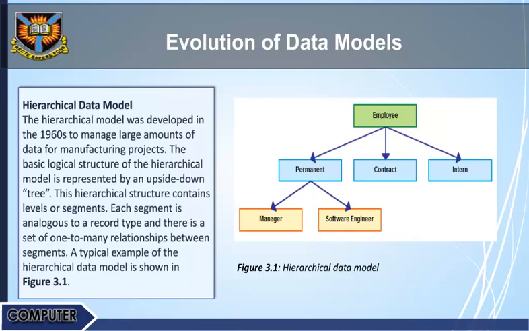Each segment is analogous to a record type and there is a set of one-to-many relationships between segments. A typical example of the hierarchical data model is shown in Figure 3.1. Figure 3.1, Hierarchical Data Model. Employee to permanent to contract, permanent to manager to software engineer.